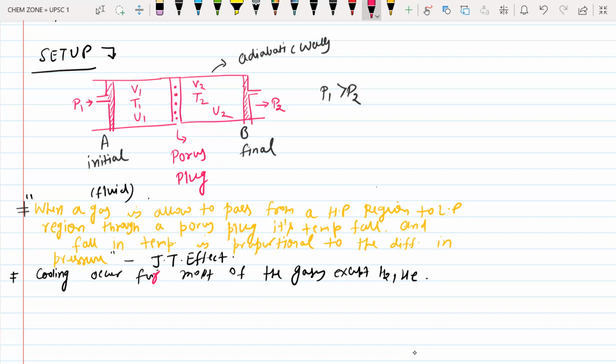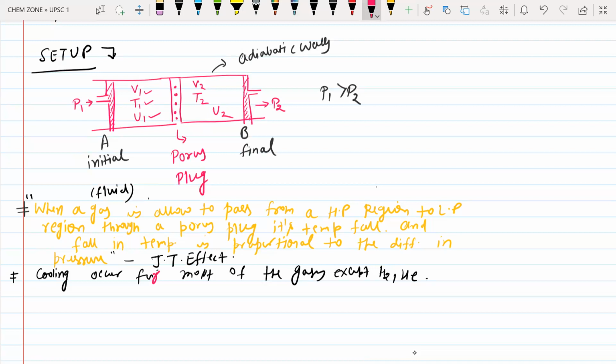There is a position A, which we consider as the initial position of the piston. In this part of the chamber, we take a gas having volume V1, initial temperature T1, and the internal energy of the gas is taken as U1.